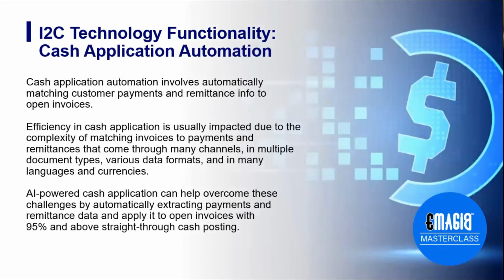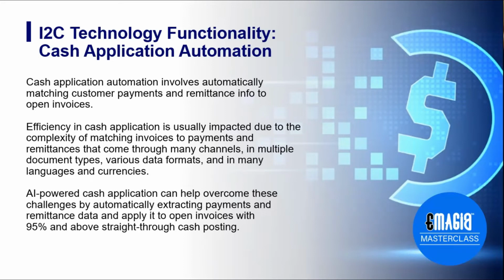Cash application. Now, this is a function that has probably benefited the most from automation within the I2C spectrum. And that's reflected by the fact that auto cash has been around 40, 50 years, if not more, and has steadily improved, or at least the capability has steadily improved through the years as the technology's improved.